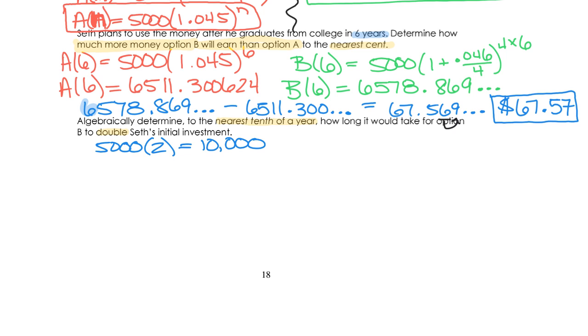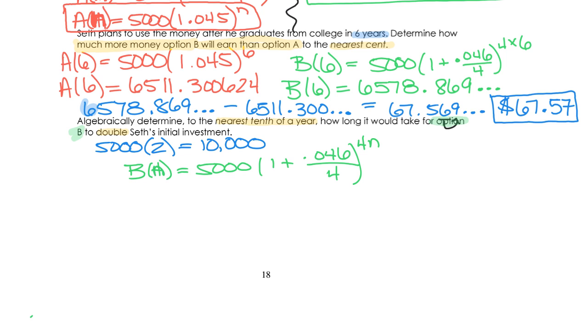All right, and they also said for option B, we want option B. So we got to go up for option B's formula that you wrote in the very first part. And that formula was B of t equals 5,000, 1 plus 0.046 divided by 4 raised to the 4n.